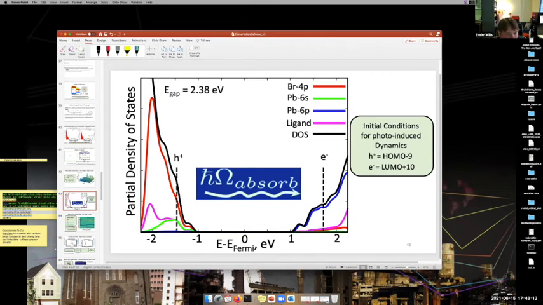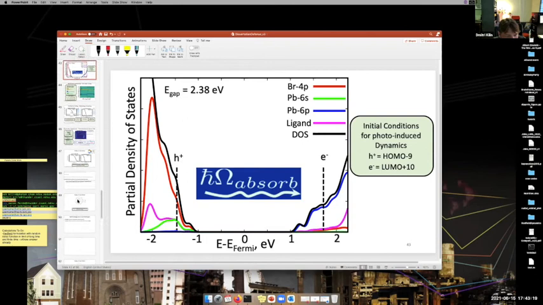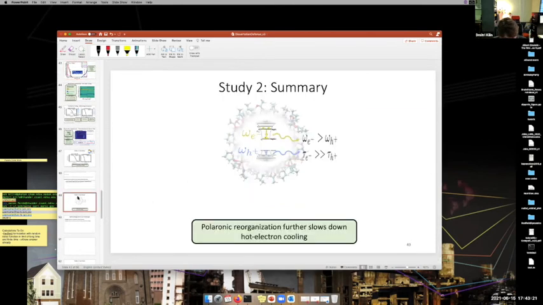Slide number 49. Question from Levi. What do omega and tau mean in this image? Omega is the transition frequency, and tau is the relaxation time.